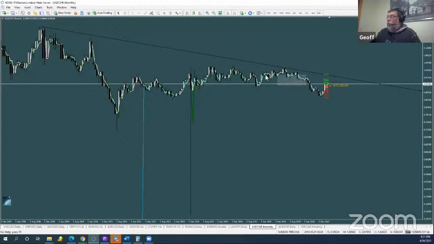Where can you see 3 bullish months in a row? There's one there. So we've had one of those, 2 of those, since the incredible decoupling of the euro and the Swissy in January 2015. So that's not a common occurrence, is what I'm trying to point out.